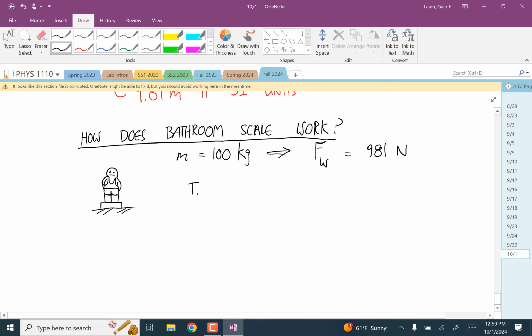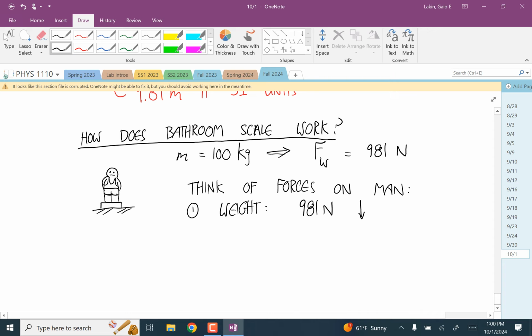So think of the forces acting on the man. Okay, there are two forces. The first one is the weight, and that is 981 newtons down.